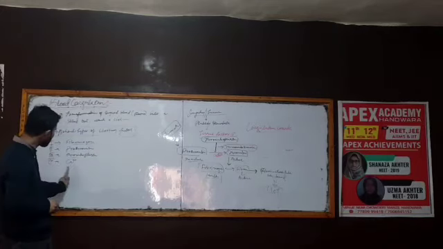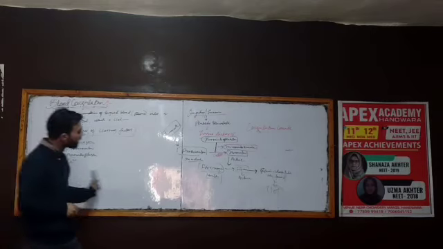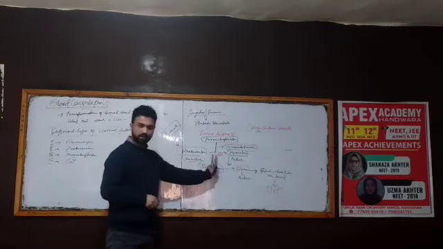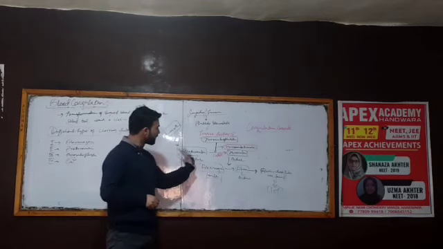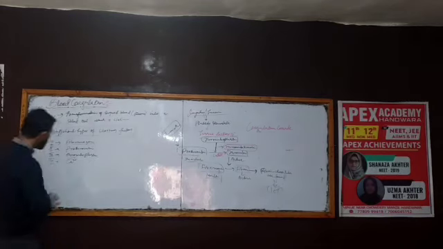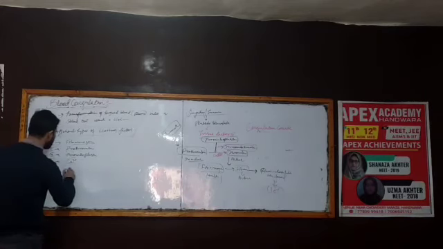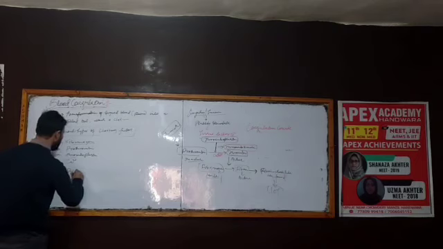Calcium is also considered one of the clotting factors. It is the calcium that causes the conversion of prothrombin to thrombin. The fifth one is proaccelerin, and sixth one is accelerin.